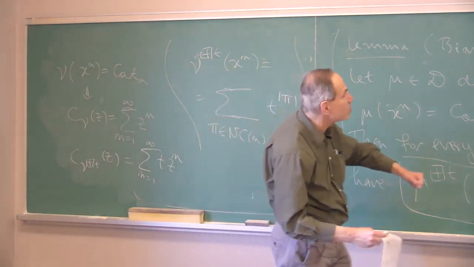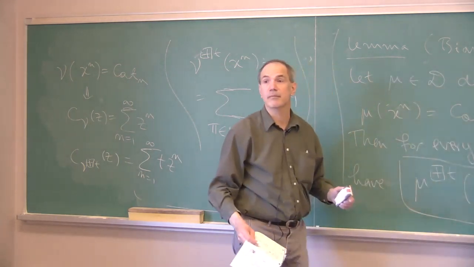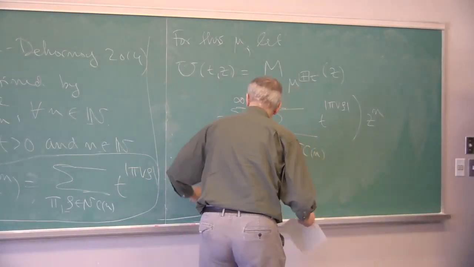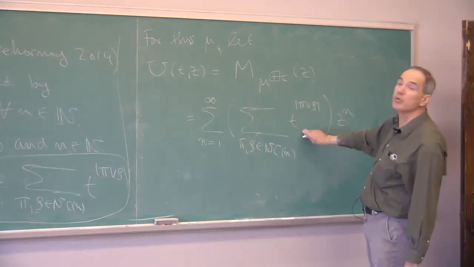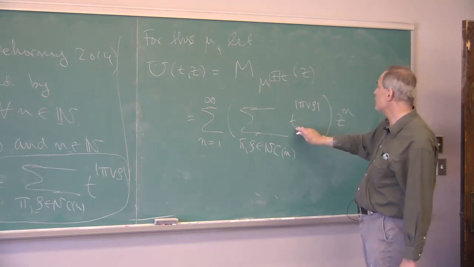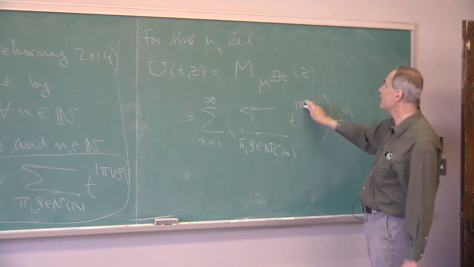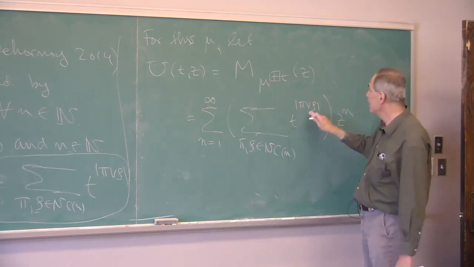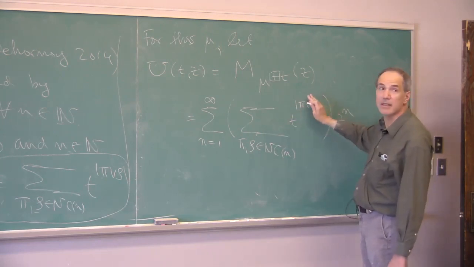Let me tell you why this one is helpful though. It is helpful because if I take the derivative with respect to t here, and then I evaluate at t equals 1, I just get the sum of these exponents. When you take the derivative with respect to t formally, this exponent goes to the front, but then you set t equals 1, so the power disappears.